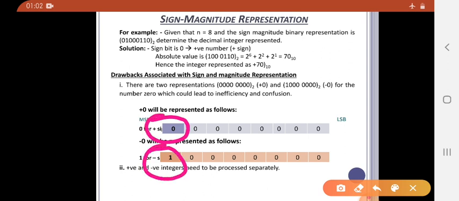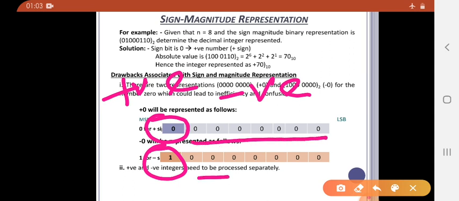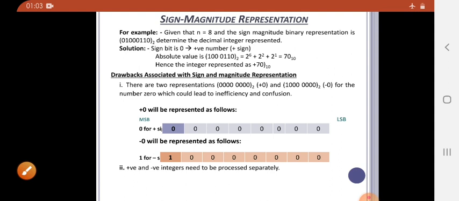This is for sign. One is giving positive sign, another one is negative sign. But the remaining 7 bits are the same, which creates inefficiency. So this is one of the greatest drawbacks. Next, second point, positive and negative integers need to be processed separately, which is not possible in sign magnitude representation. So this is the drawback of sign magnitude representation.